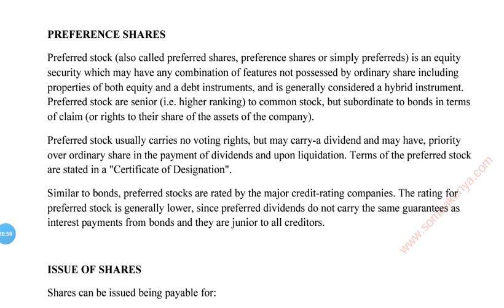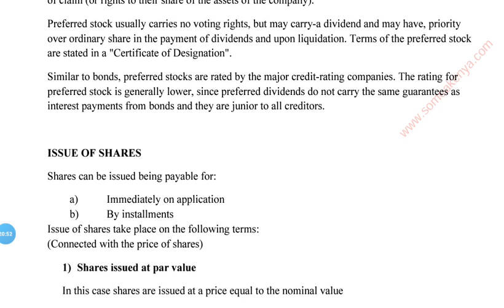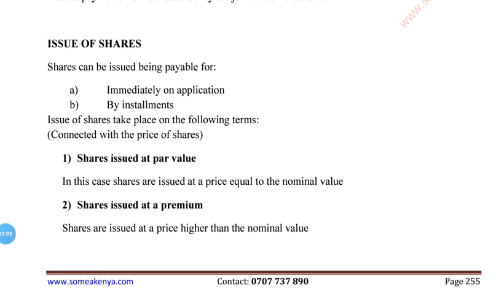So let's go to issue of shares. Shares can be issued being payable immediately on application or payable by installment. So there is what we call fully paid shares, where you pay everything at the time of application.